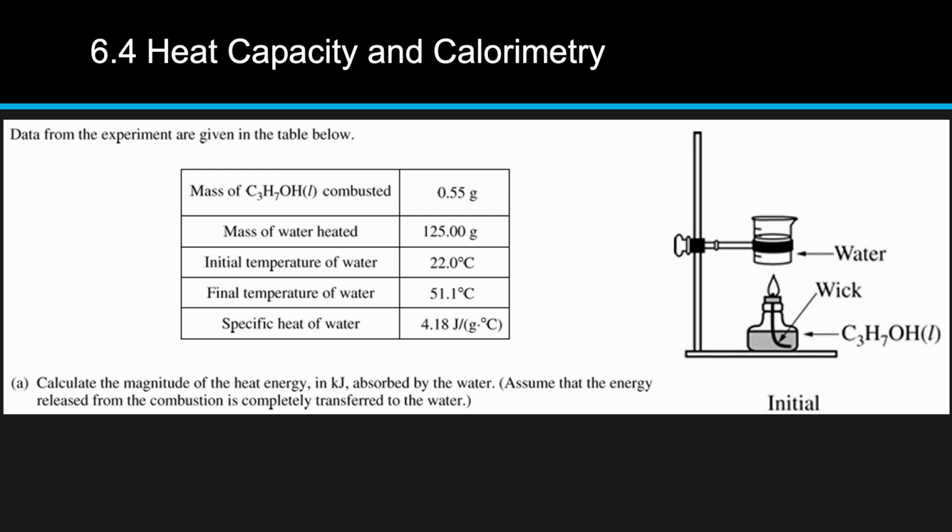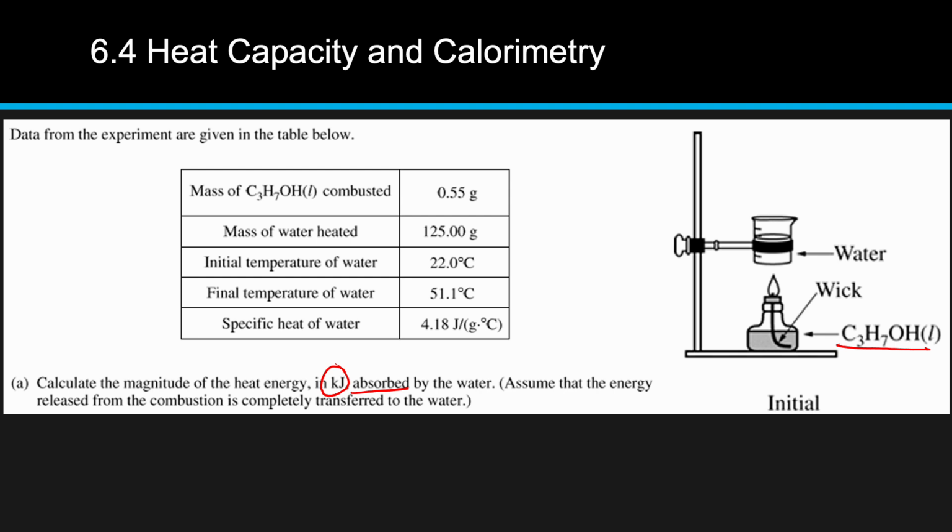All right, and for our last example for today, it says calculate the magnitude of heat energy in kilojoules absorbed by the water. So we want it specifically in kilojoules, and again, absorbed is already implied, so we don't need any signs. We're just looking for our value in kilojoules. Let's look at our experiment setup here. We see that our propanol is down here in this container that we are lighting with a wick, and that is what is heating up the water.